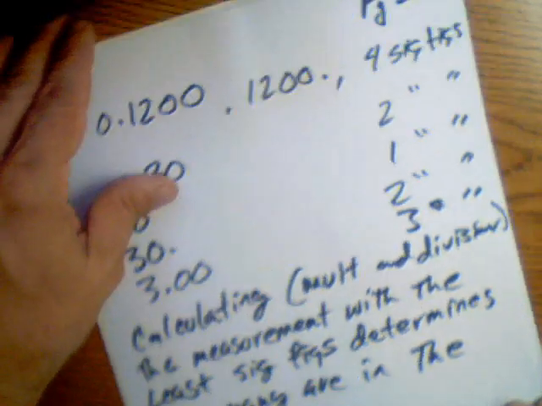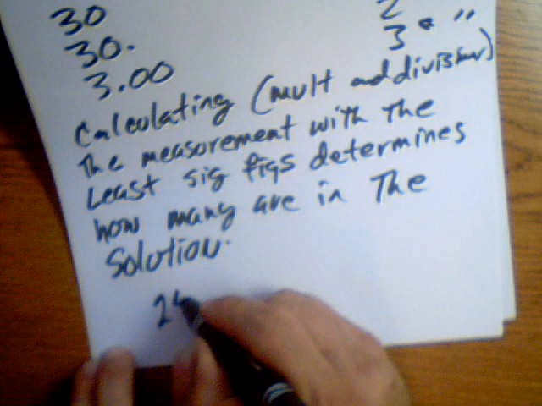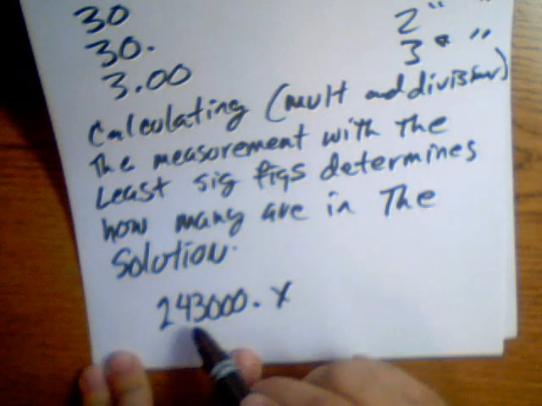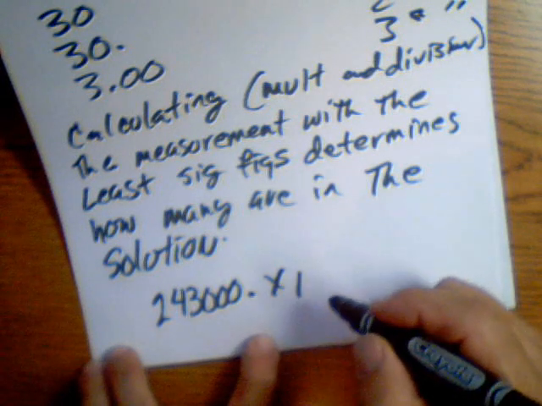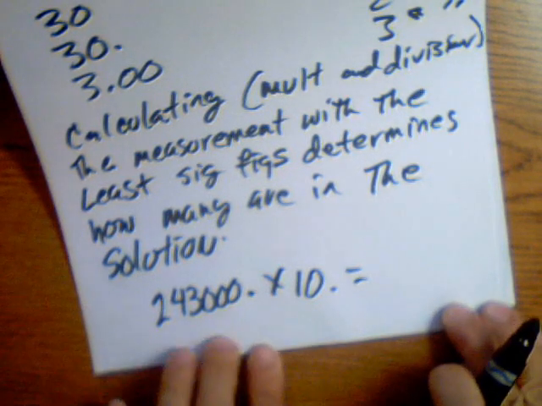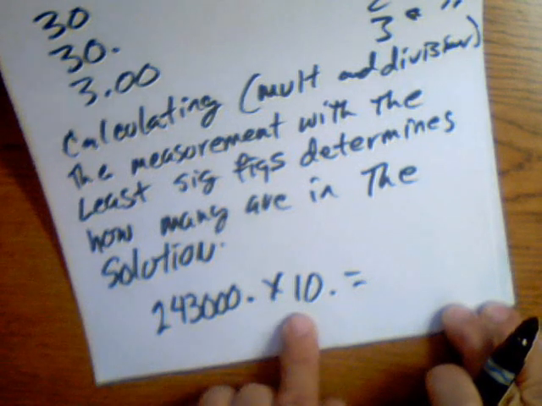Right? This is just for multiplication and division. What does that look like? Well, if you were to calculate a number with lots of sig figs with a number with very, very few sig figs, the solution would just have 2 sig figs in it, right?